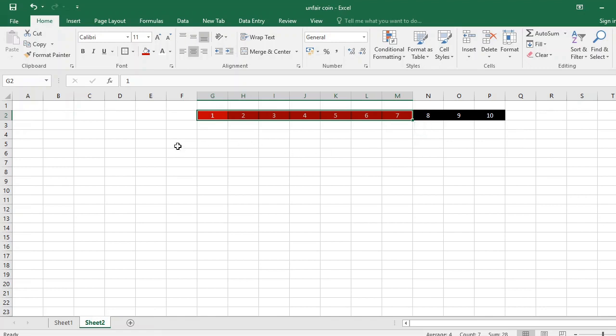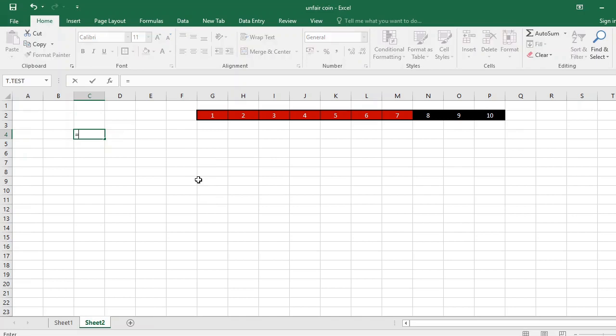So to simulate an unfair coin which has 70% probability of getting heads and 30% probability of getting tails, we can use the following formula.